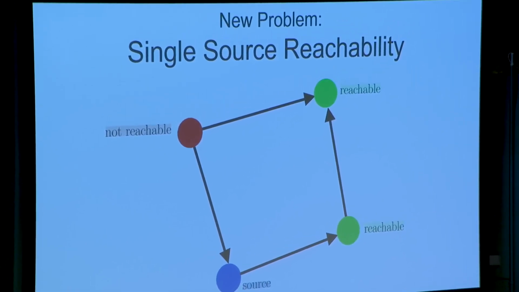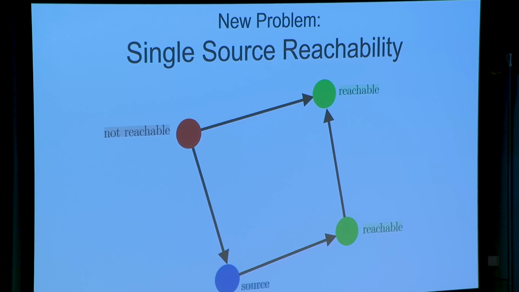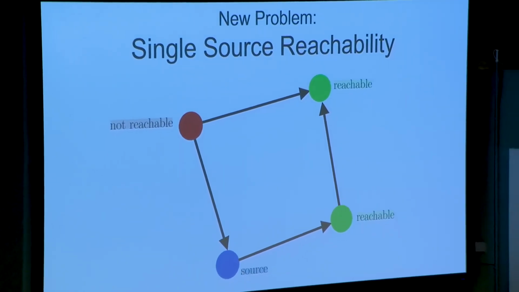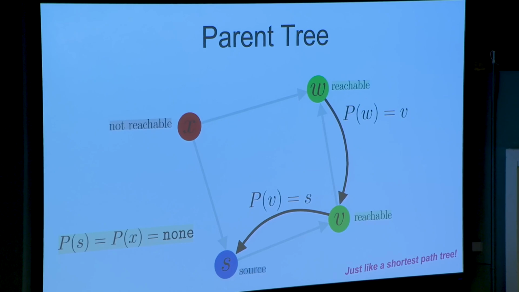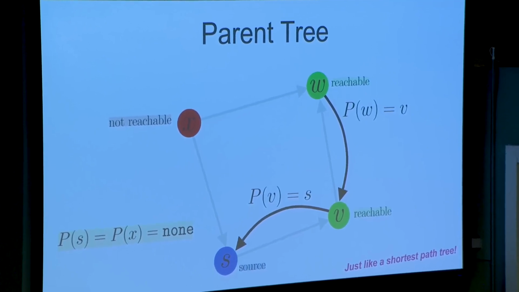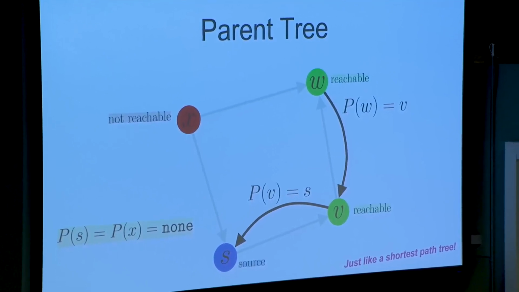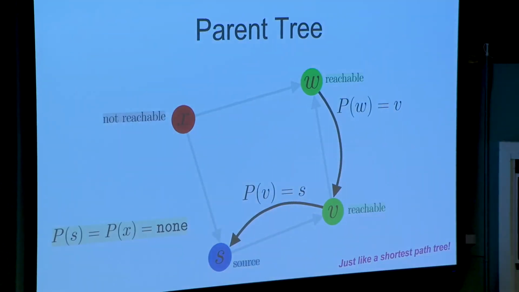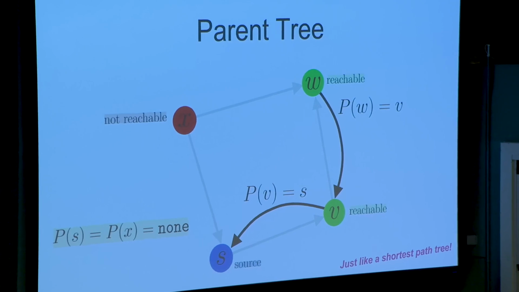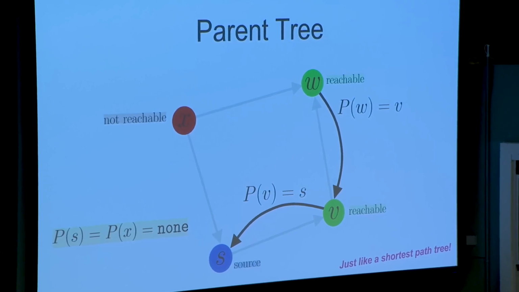So in order to do that, just like last time, remember we defined a particular data structure that was the shortest path tree. We can do something very similar here, right? If I have a reachability problem, I can additionally decorate every node in my graph with one other piece of information, which is the previous node along some path from my source to that thing.